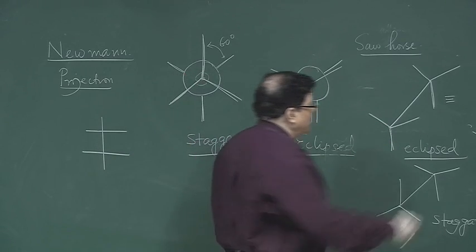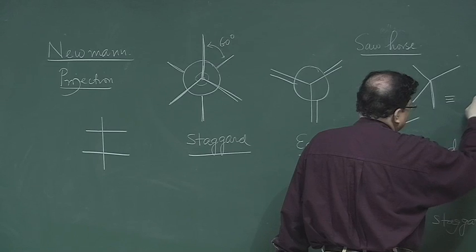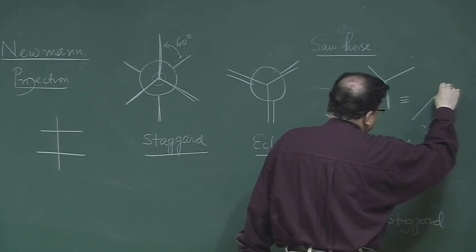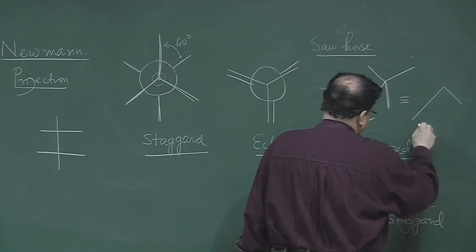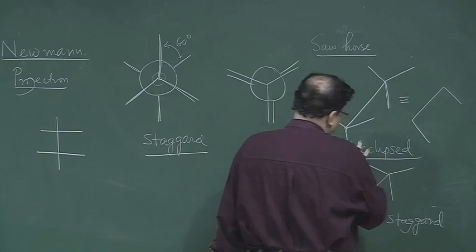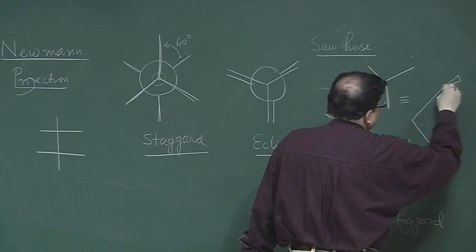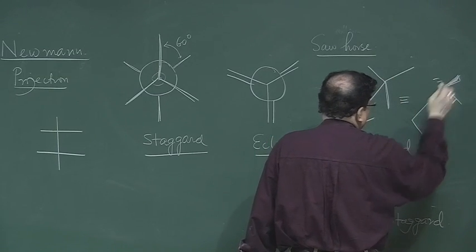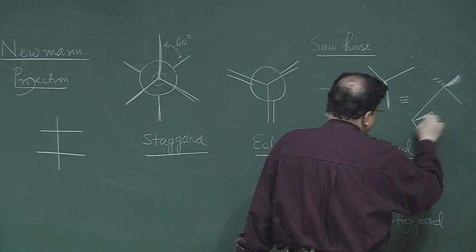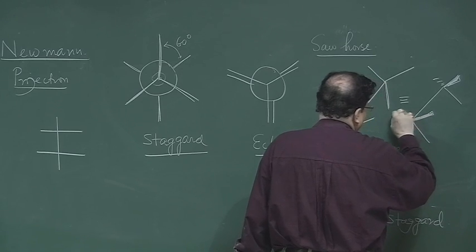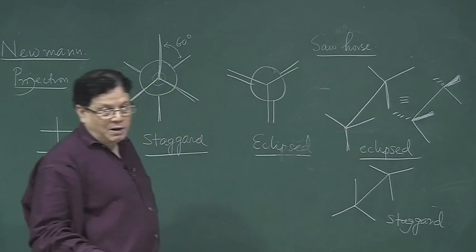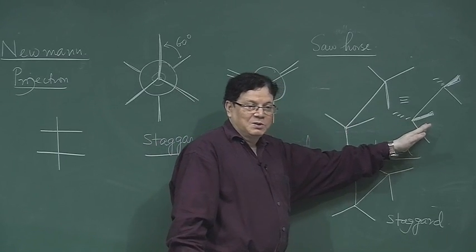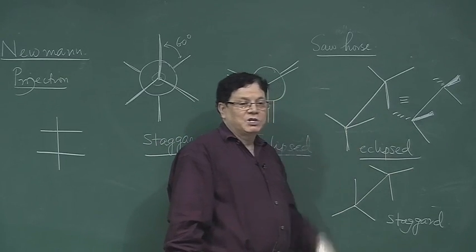Then this bond is in the plane of the board, and this bond is also in the plane of the board, and this will be beta and this bond will be alpha, and this bond will be beta and this bond will be alpha. This is the wedge conversion of this Sawhorse projection.